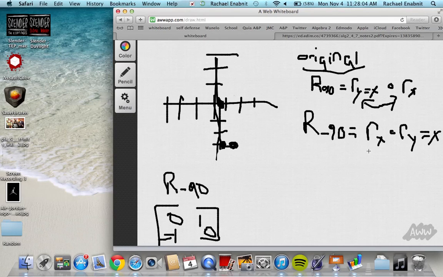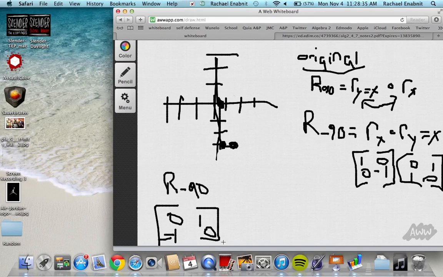And I'll put these up here so you can see what they are. R of x is 1, 0, 0, negative 1, and this one is 0, 1, 1, 0. So that's how we got our answer for this one.